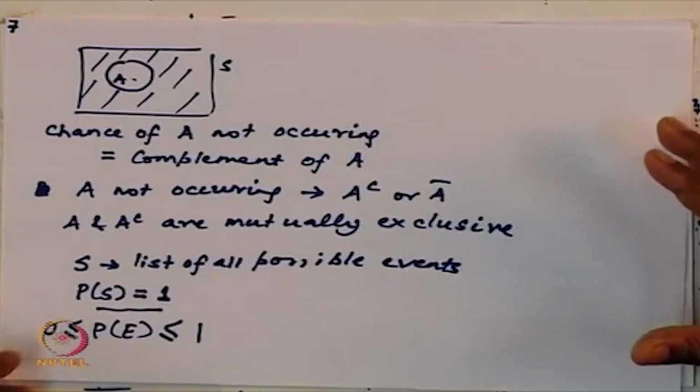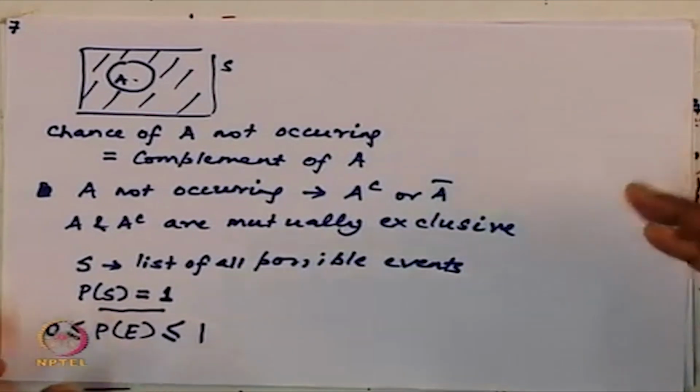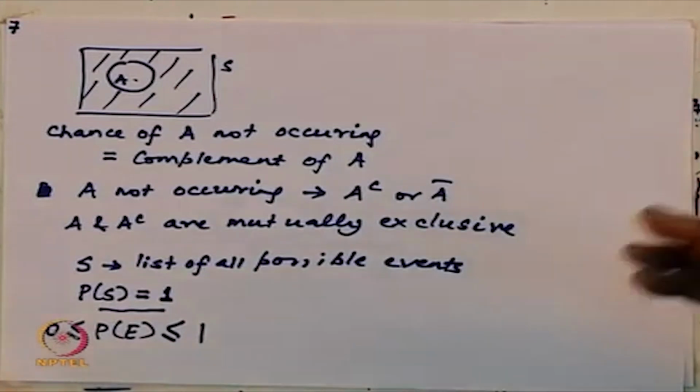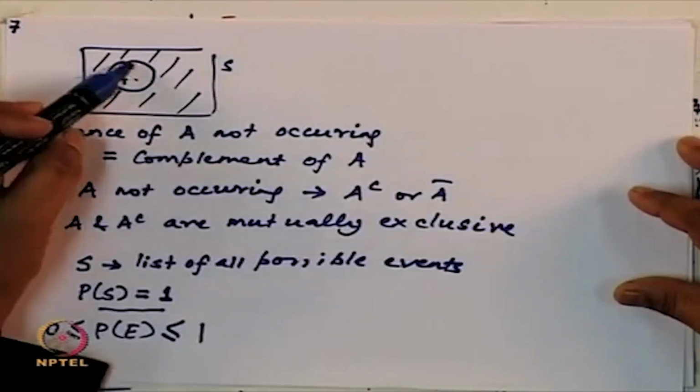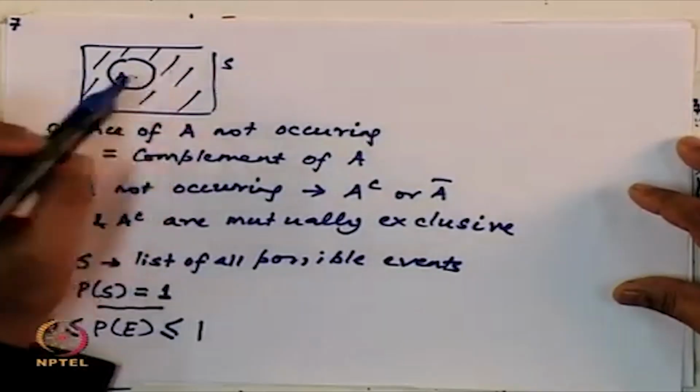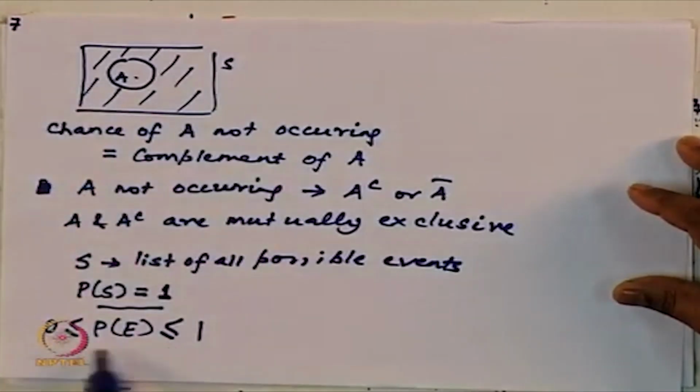For example, when S is the sample of all natural numbers and you ask the chance that the number -5 will occur, because -5 is not in the sample, the probability is 0. But in the case we drew, the probability of A is this area divided by the total area, so you get a fraction, and hence this criterion is satisfied.